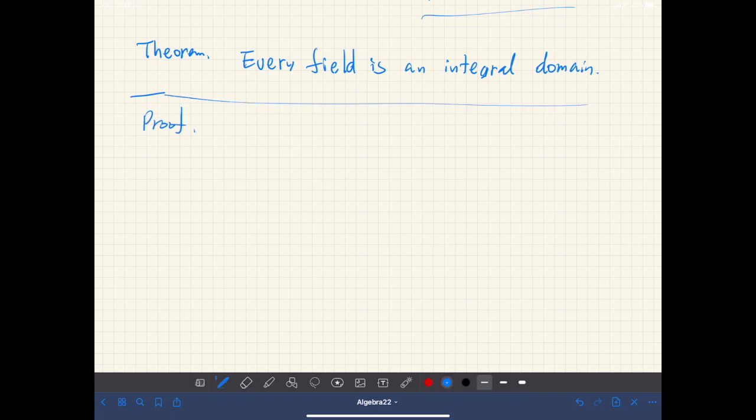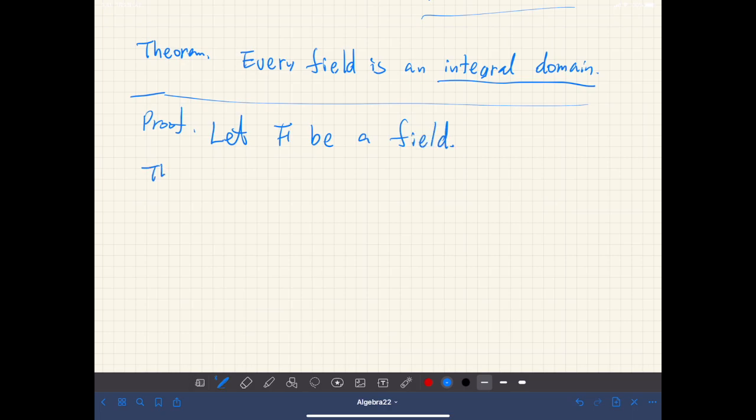So what is an integral domain, by the way? The definition of an integral domain says it is a ring with an identity element with no proper divisors of 0. So let F be a field.